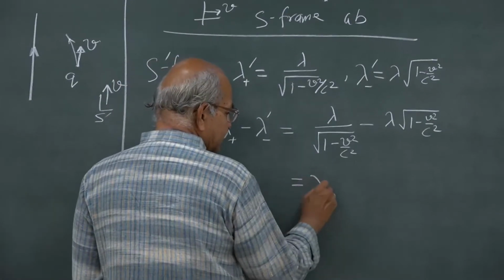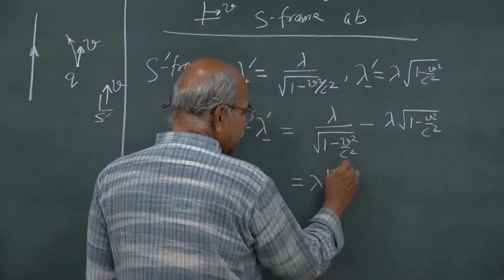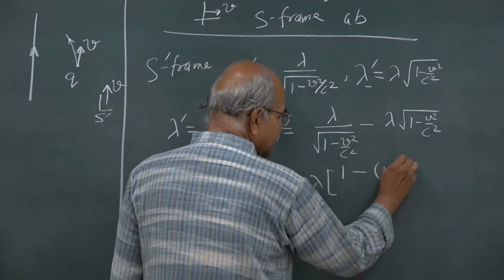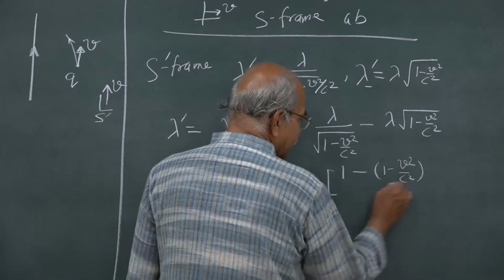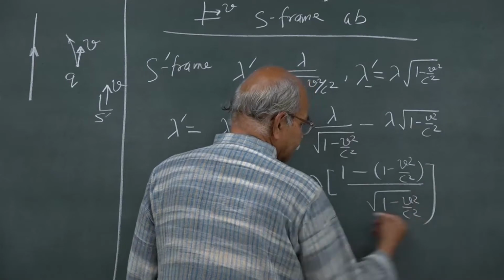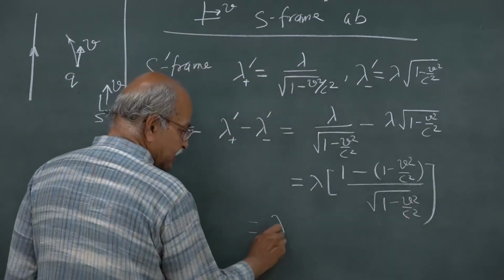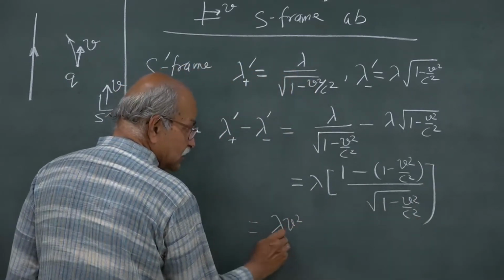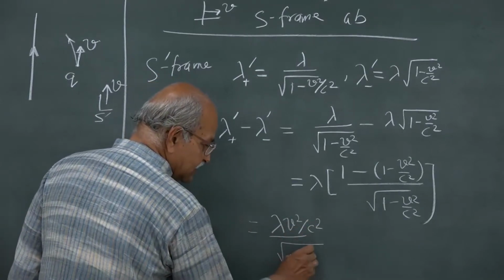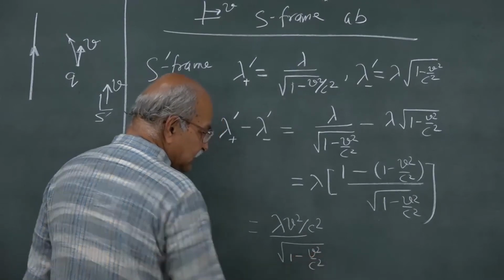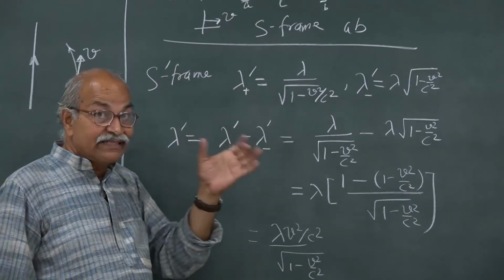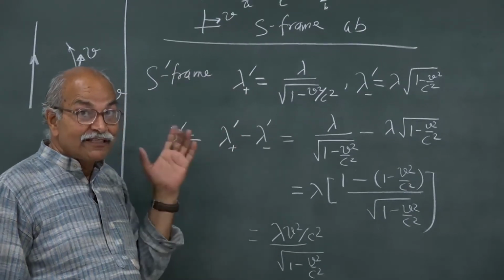So, lambda you can take common, and then you have 1 here, and then minus 1 minus v square by c square, divided by square root 1 minus v square by c square, and this is lambda into v square by c square, and then square root 1 minus v square by c square. So, this is lambda prime, the net charge density, charge per unit length as seen from S prime.